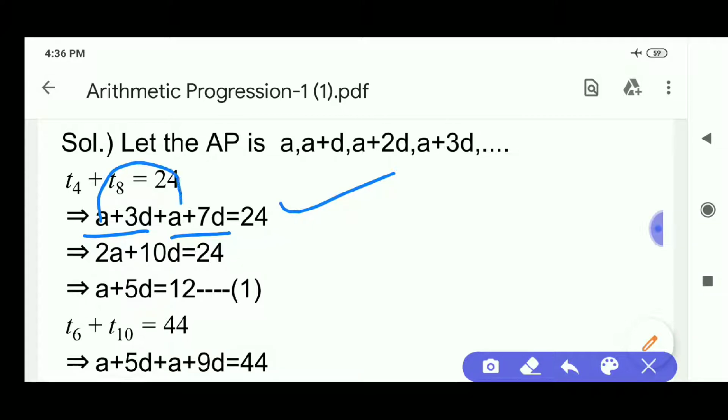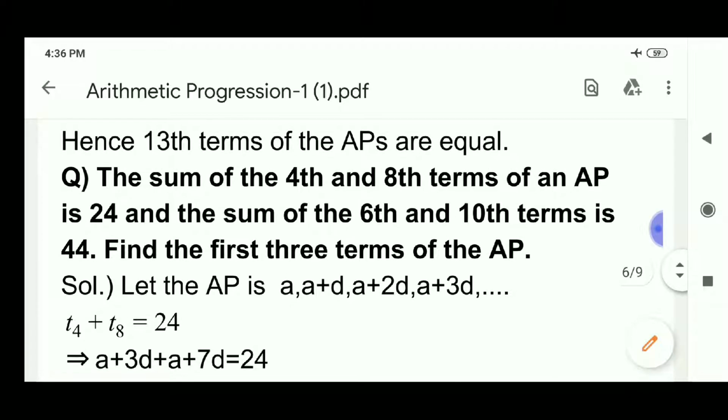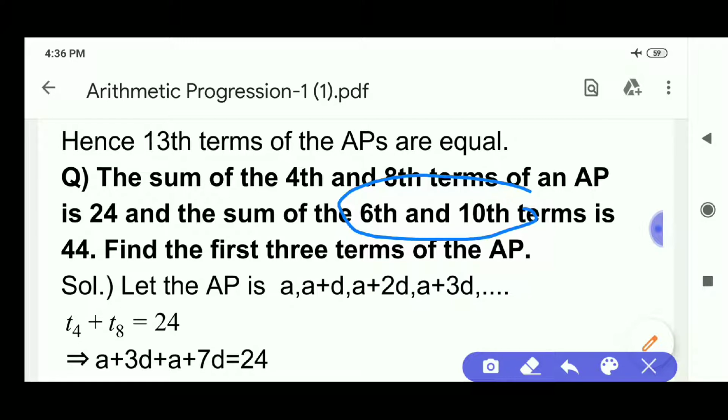Here A plus A is 2A, 3D plus 7D is 10D, equal to 24. Divide each term by 2. Then you get the first equation, that is A plus 5D is equal to 12. This is the first equation. Now, in the question it is given that the sum of the 6th term and 10th term is 44.